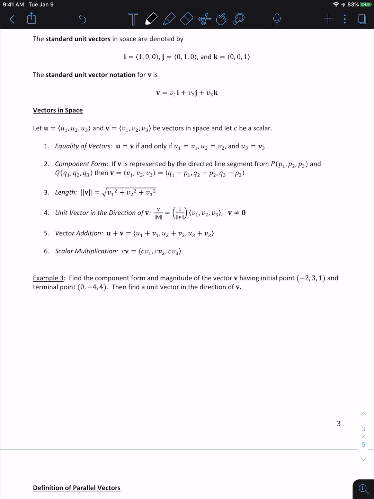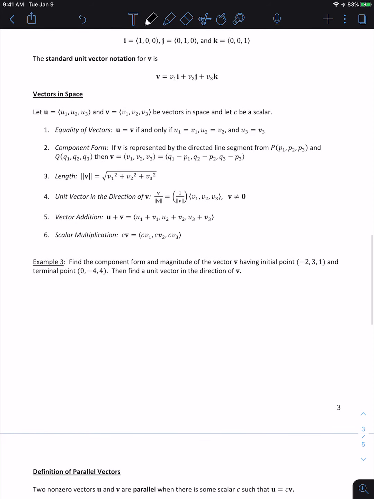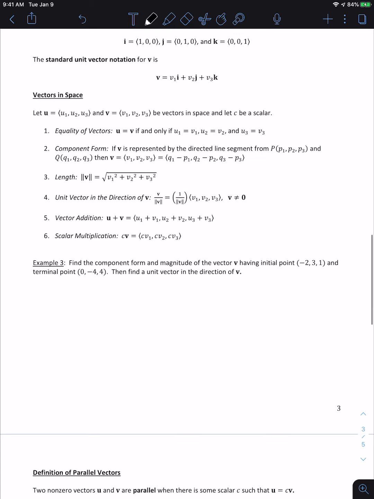Find the component form and magnitude of the vector having initial point (-2, 3, 1) and terminal point (0, -4, 4). And then find the unit vector in the direction of v. Okay, so component form: we have our initial point, we have our terminal point. So in order to write it in component form, we just do terminal minus initial, right?